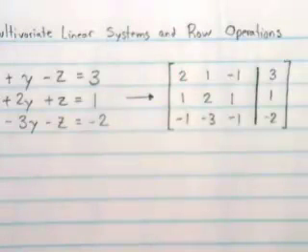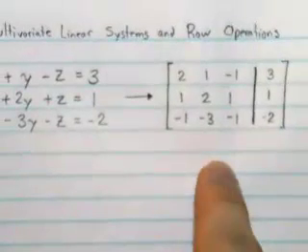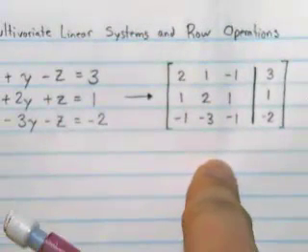So one thing that you're allowed to do is the order of these equations does not matter. If I were to take this third equation down here and just write that as the first one on top, doesn't change the system, right? Still the same three equations, right? So if I'm allowed to do that to this, shouldn't I be allowed to do it over here too? Yes.